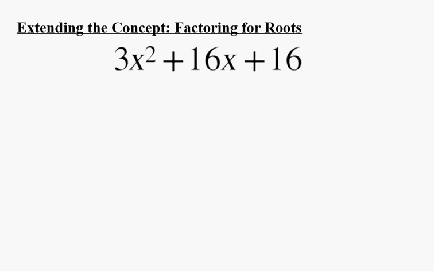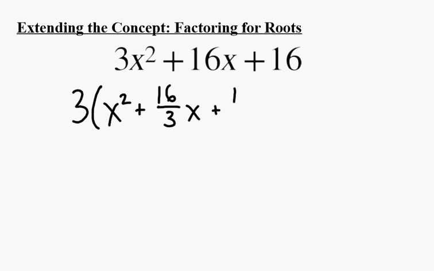So for example, let's say I have a 3 out front. Well, when there was a 2, I divided the 2 out. So let's do it even with a 3. When I divide the 3 out, I then end up with x squared plus 16 thirds x plus 16 thirds. Now, similar situation. I need two numbers that are going to multiply to be 16 thirds and add up to be 16 thirds.